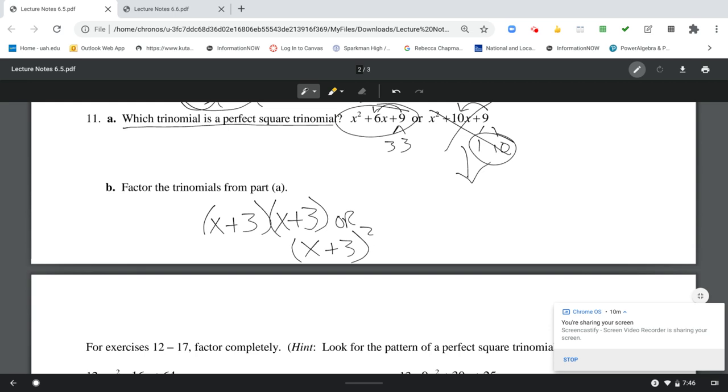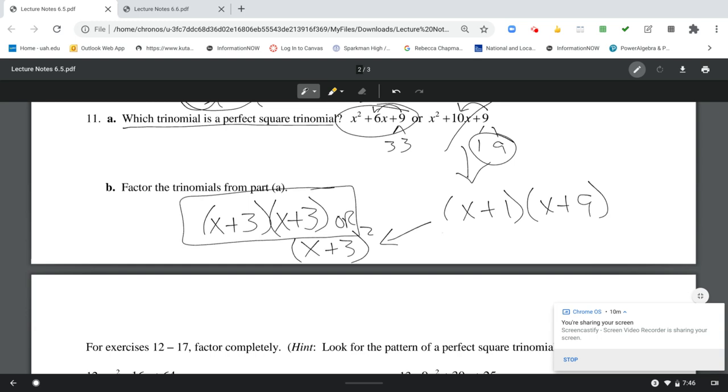When you factor the second one, you get x plus 1. I apologize, that's a 9, not a 10. And x plus 9, which I cannot write in that format, okay? So that is why this one is considered a perfect square trinomial and this one is not.